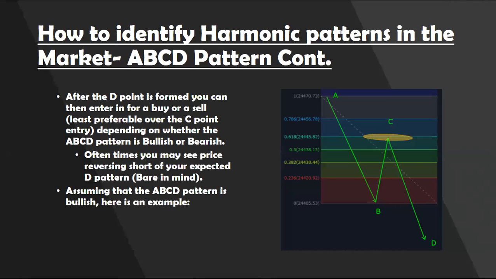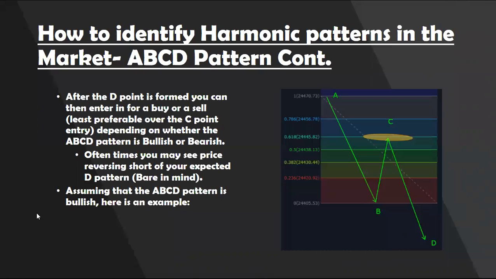After that, just like you would do using the retracement tool, you can hop in for a sell. Once you hop in for a sell, that's fine, okay? We have an A point and a B point. So here's your A point and your B point.